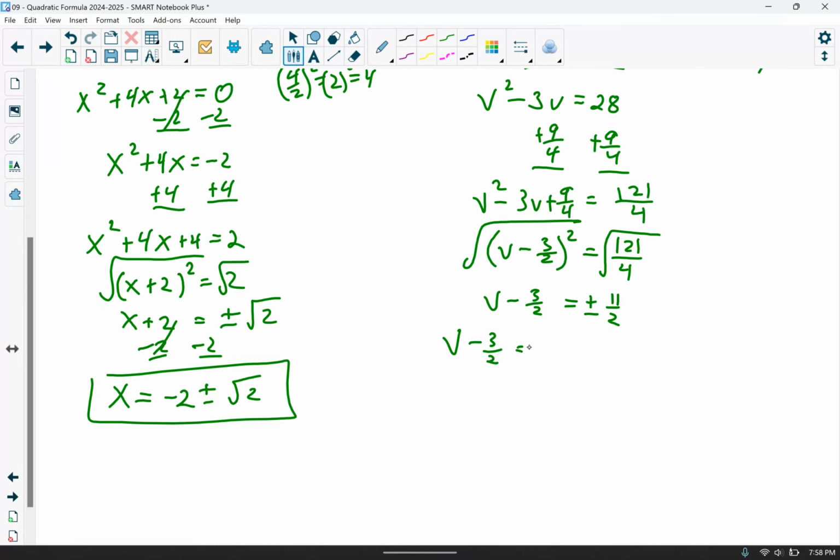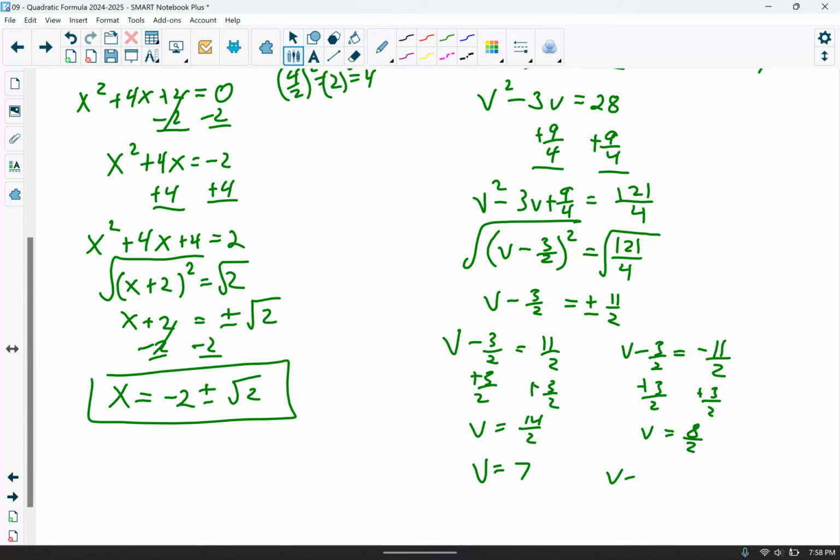V minus 3 over 2 equals positive 11 over 2, and v minus 3 over 2 equals negative 11 over 2. So we'll solve each equation, which will give us a positive 7 and a positive 4. So we've got our solution set of 4 and 7.